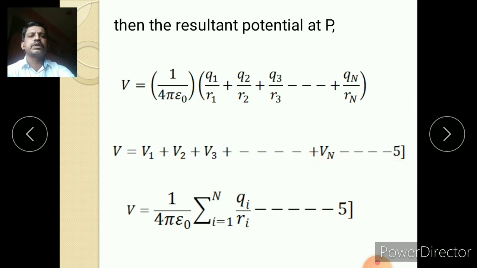This is equation number 5. Therefore, V is equal to 1 upon 4 pi epsilon 0 summation of Qi upon ri, where i goes from 1 to n.